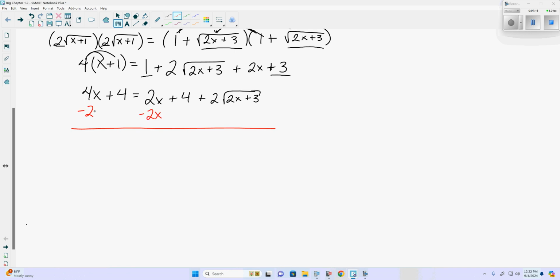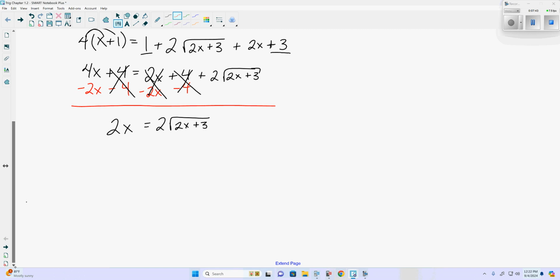So we can minus 2x from both sides. We can minus 4 from both sides. On the right-hand side, 4 minus 4 is 0. 2x minus 2x is 0. Leaving us with 2 square root of 2x plus 3. On the left-hand side, 4 minus 4 is 0. 4x minus 2x is 2x.